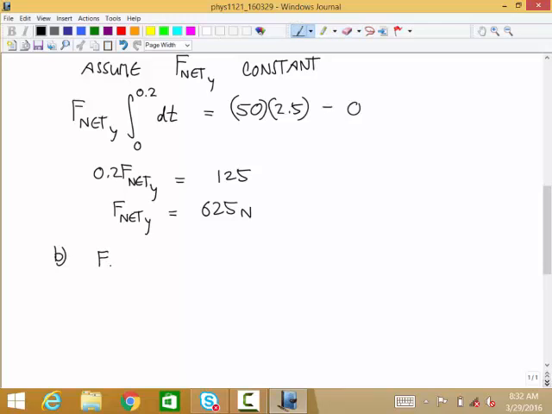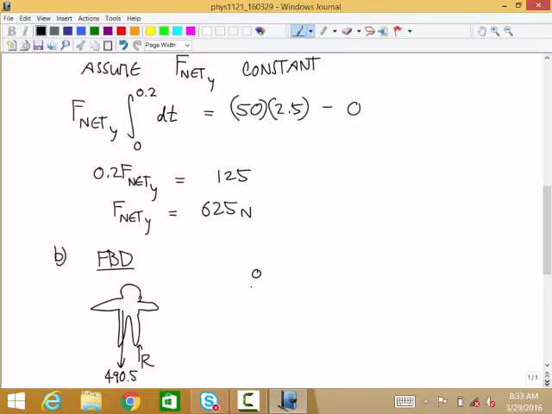So let's think of a free body diagram. There's the leaper. The forces acting are the person's weight, 490.5, and the contact force, I'll call it R. And the net force is the sum of these individual forces.